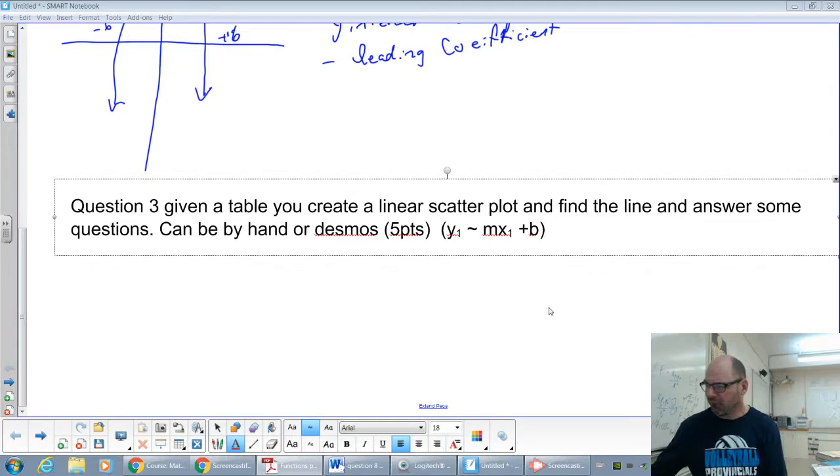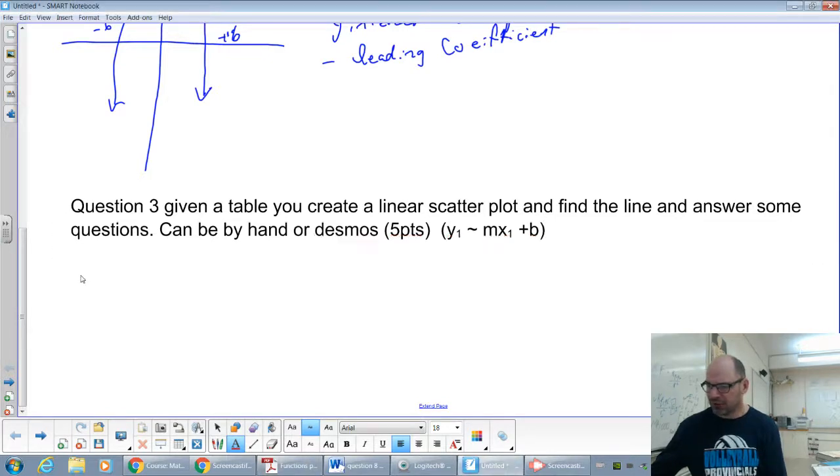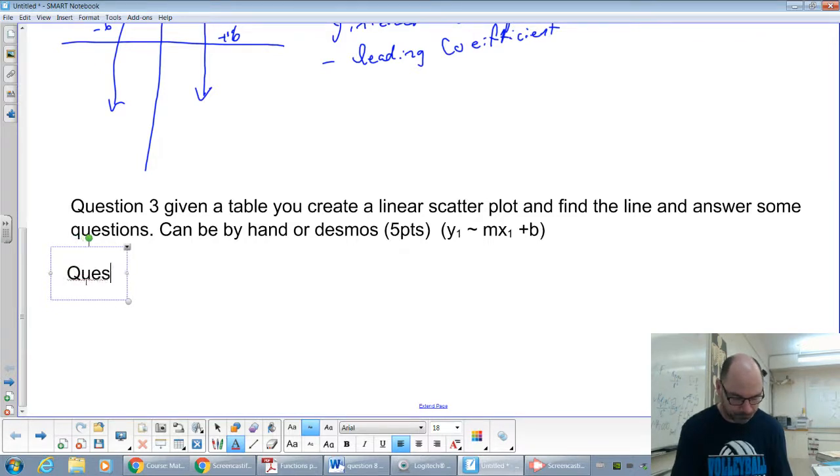Okay, question number 4, and that's worth 5 points. Question number 4 is some sine graph equations.